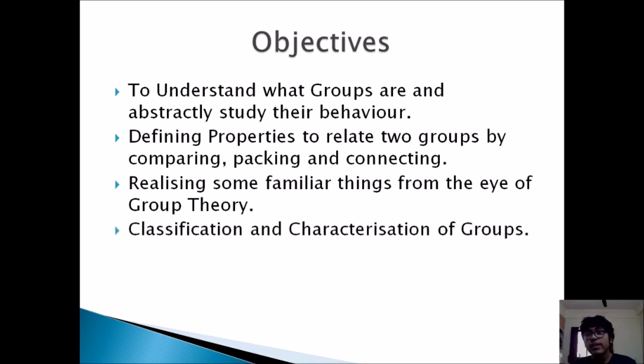Next, we try to classify groups and characterize them using these axioms and some theorems which we shall discover soon. Classification is perhaps the most complicated and most used part of group theory. So we should be careful. We won't be venturing too much into it, but yes, we'll do quite a bit to get the basic ideas cleared.